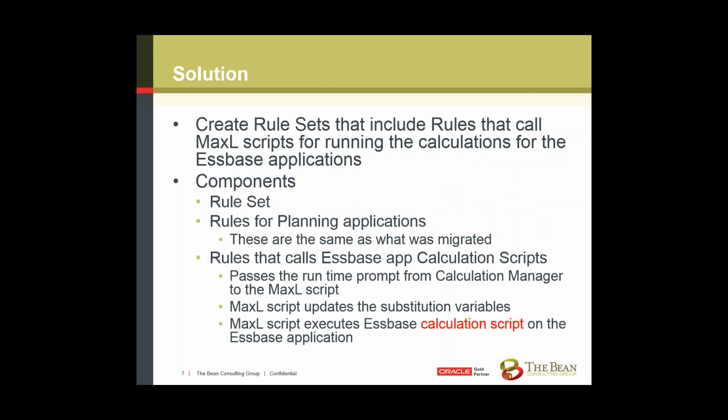You create all your rules for the planning application. So these would be essentially the exact same business rules that existed in EAS Business Rules, copied over, migrated over into Calculation Manager and redeployed. So no real changes to those business rules that were specific to the planning application.